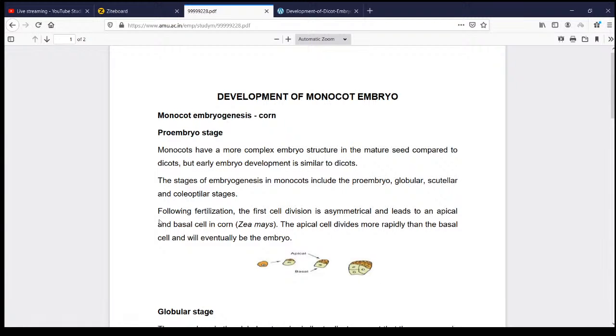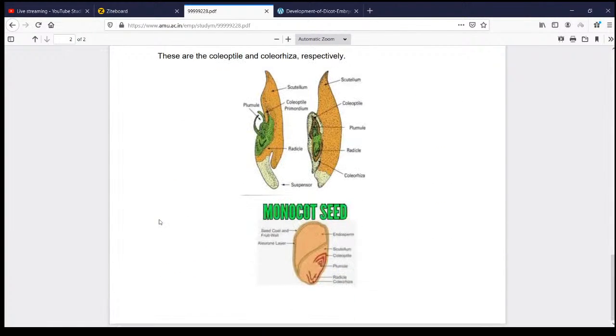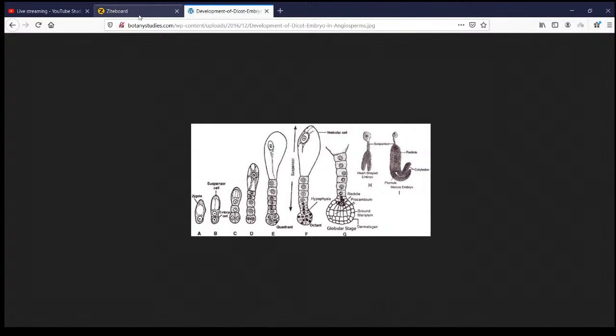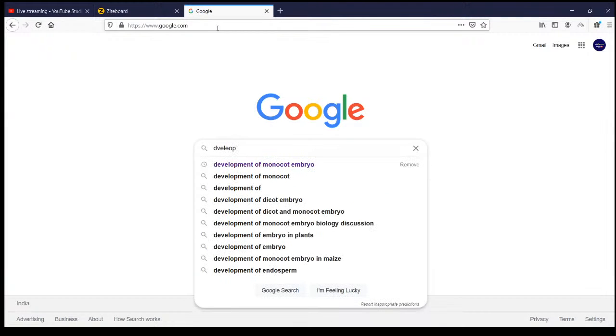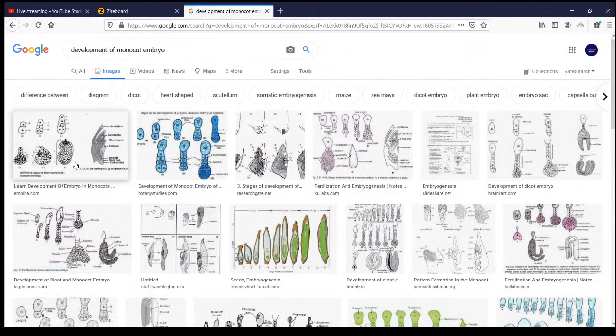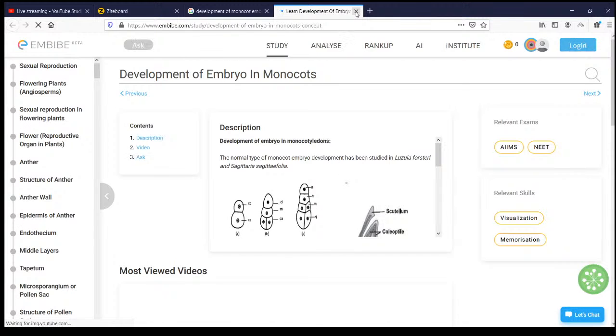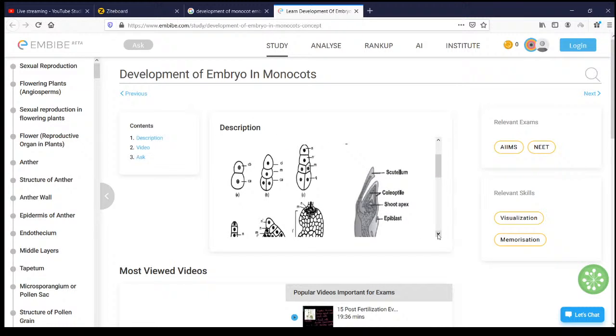This site has a graphic diagram showing stages of embryogenesis. Development of monocot embryo. Look at Google images. Okay, look here. There are multiple cells.